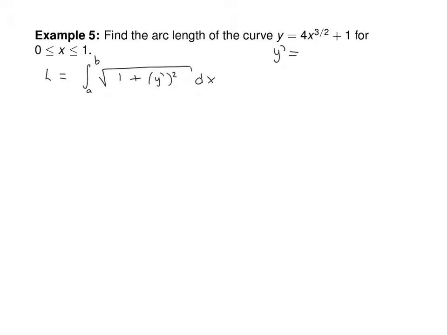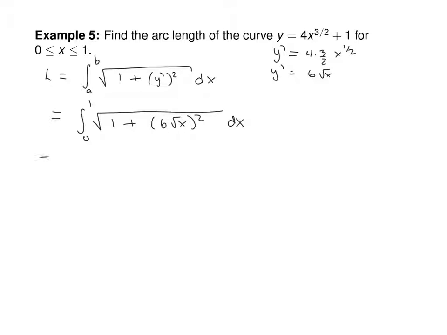So y prime, or dy dx, is 4 times 3 halves x to the 1 half, which is 6 square root x. And our length will be given by an integral from 0 to 1, root of 1 plus 6 root x squared dx.